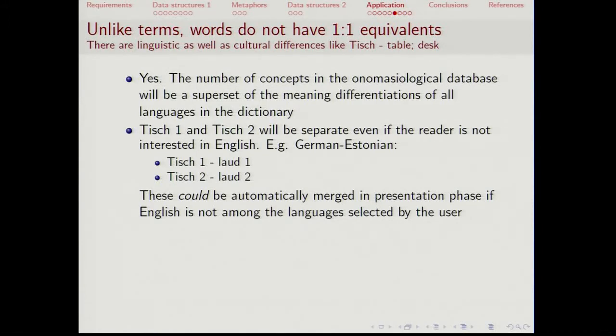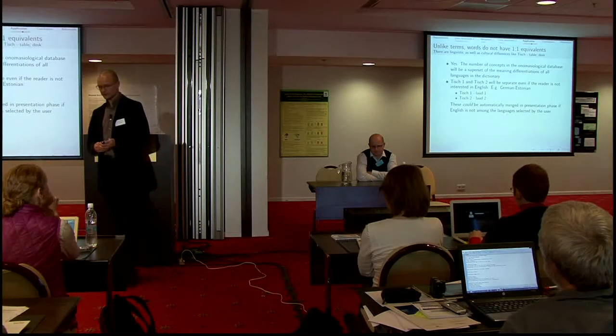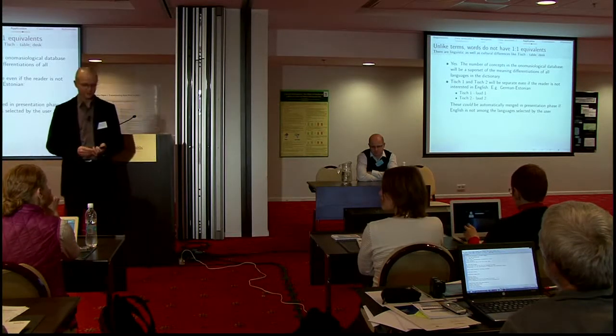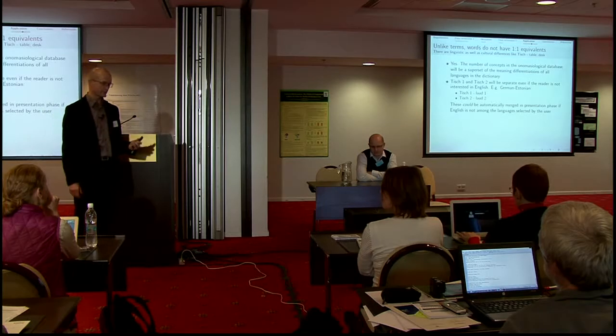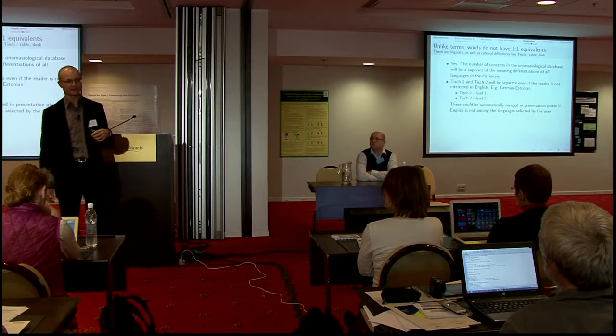A word in one language can have several equivalents in the other language. It's not possible to express things in one language as it is in the other, and so on. My answer to this is that yes, of course, and the number of concepts should reflect both the number of senses in language 1 and the number of senses in language 2.